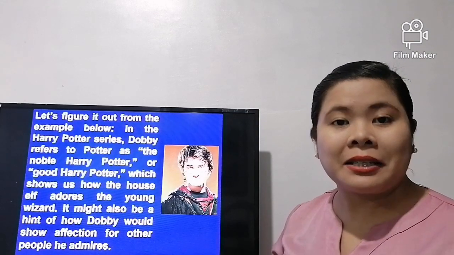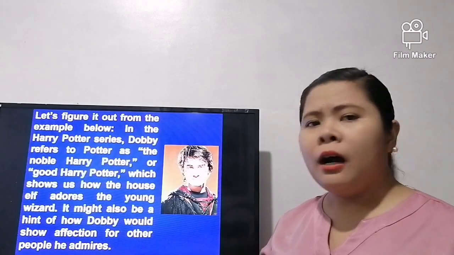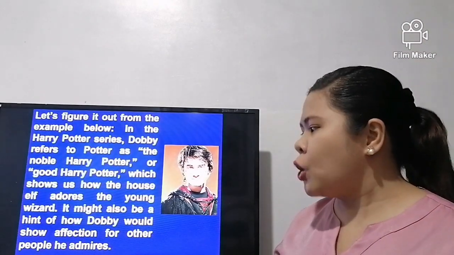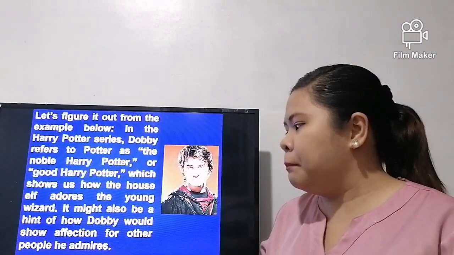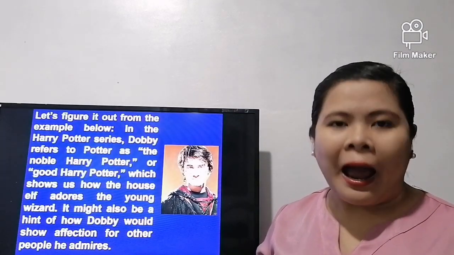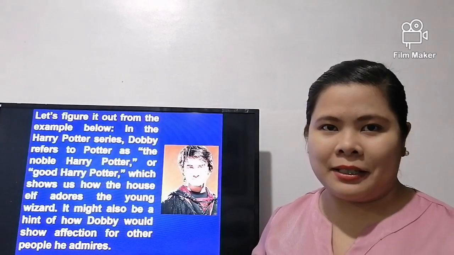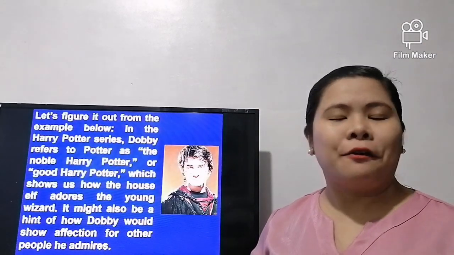It might also be a hint of how Dobby would show affection for other people he admires. That is characterization. Once again, what is that? Yes, characterization. Very good.